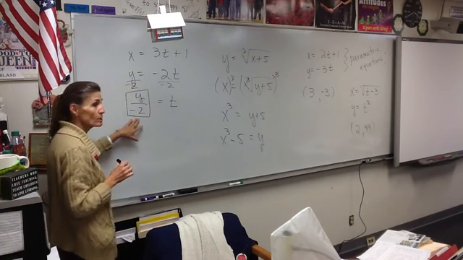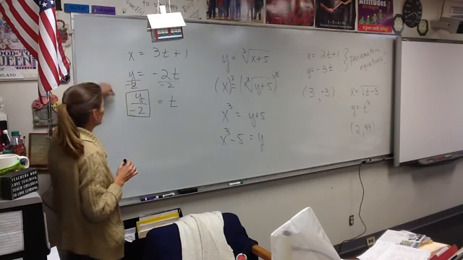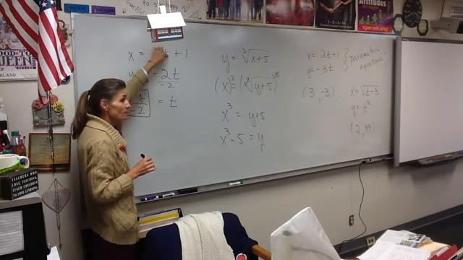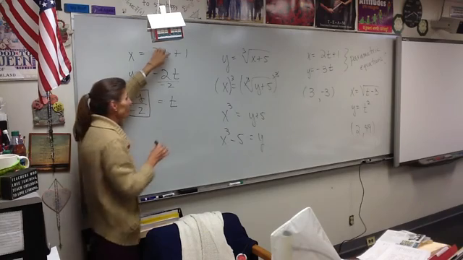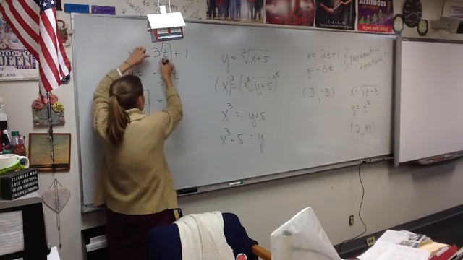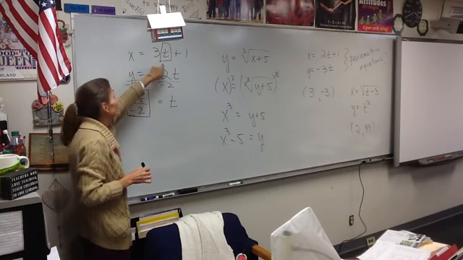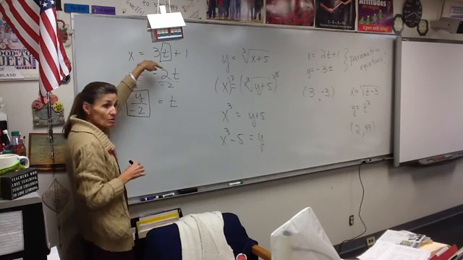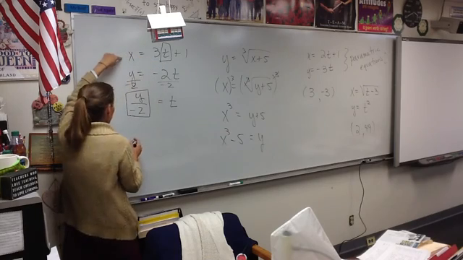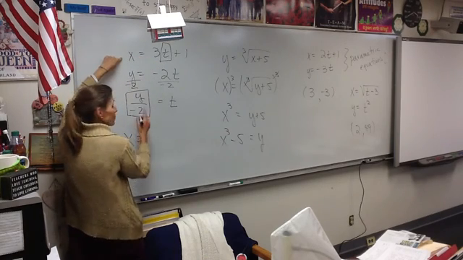What do you think I'm going to do with that now? I'm going to go back up to my top equation and see this t right here? What am I going to put in its place? Y divided by -2.